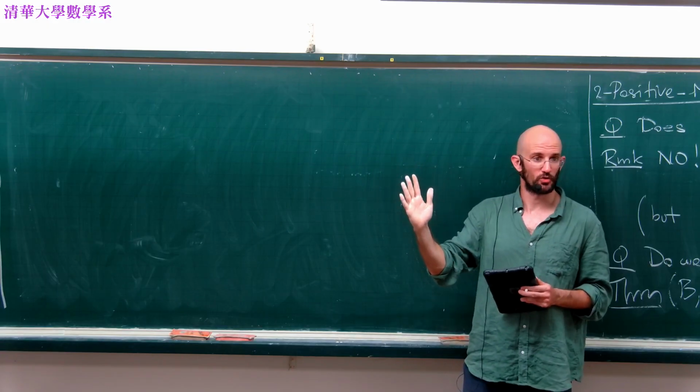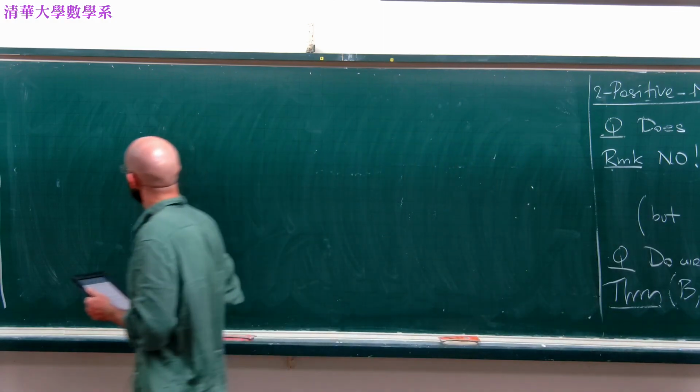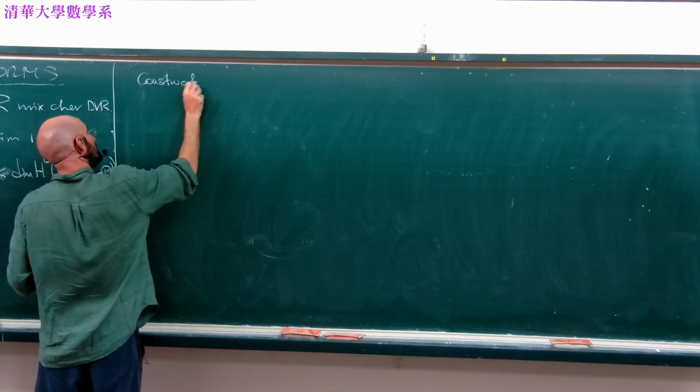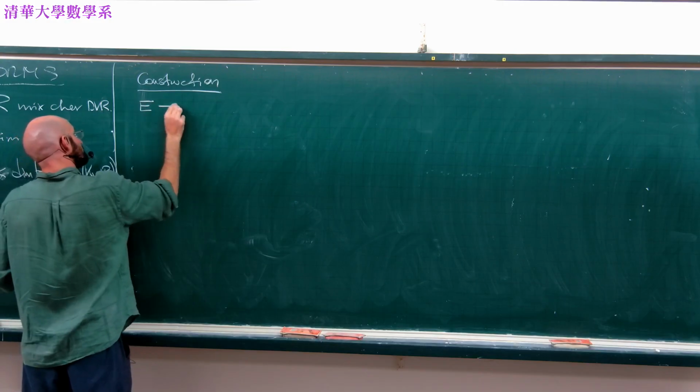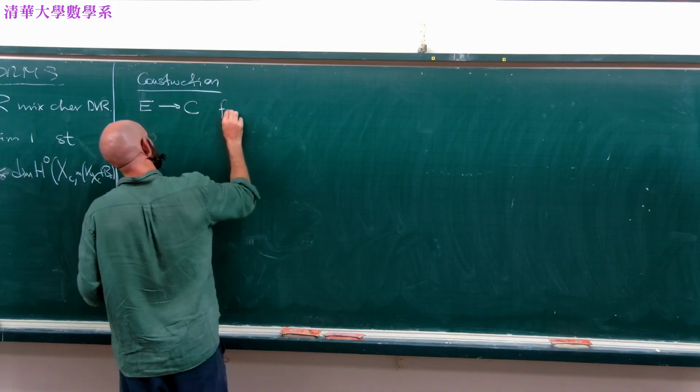This is no longer true in positive and mixed characteristic. So we take E. So this is over our base DVR C. This is a family of elliptic curves.